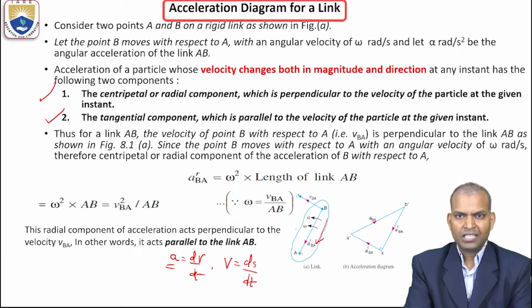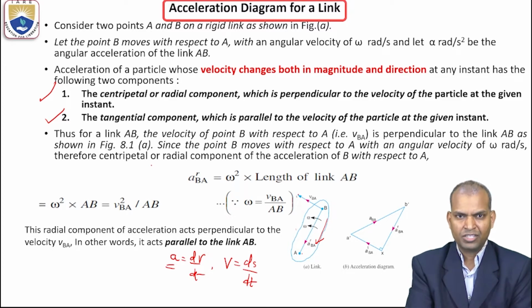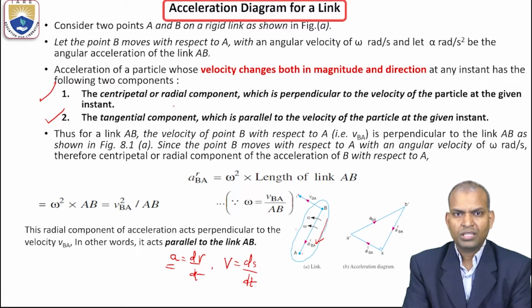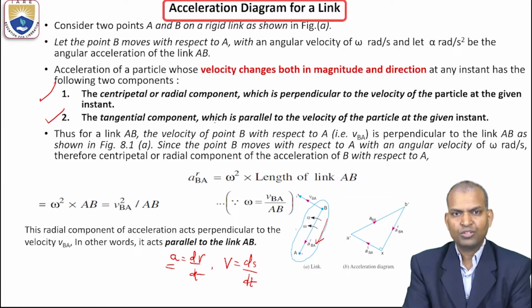If you are taking the reference of the velocity diagram and drawing the acceleration diagram, then for the radial component, it is perpendicular to the velocity component, and for the tangential component, it is parallel to the velocity diagram component.